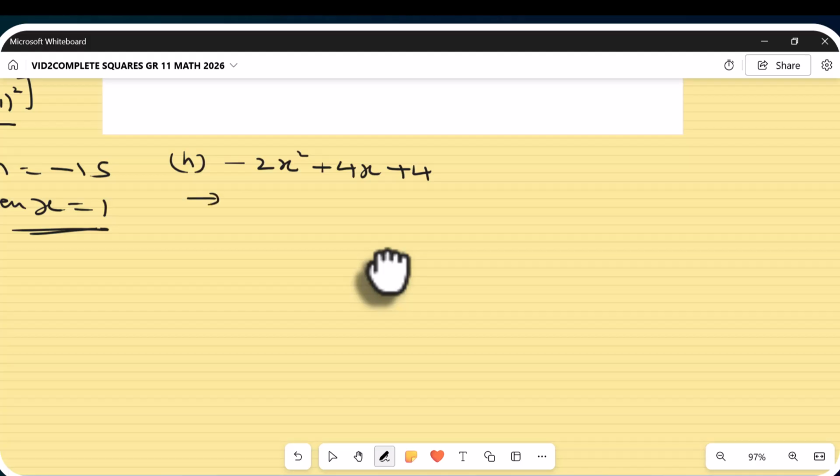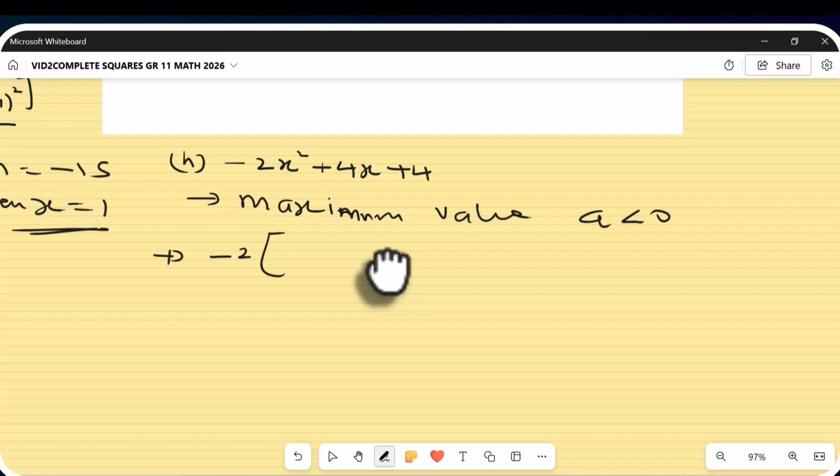Why? Because our a is less than 0. Because this a is negative 2, that's why it's going to be a maximum value. So then from there, to get this maximum value, we're going to complete squares. Now take out the negative 2 first. In the brackets here, we have x squared, and 4 divided by negative 2 gives you minus 2x here.